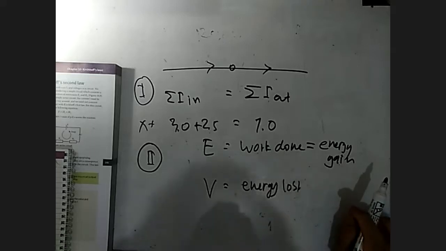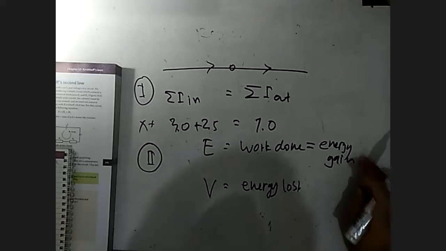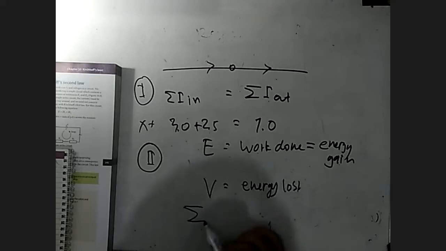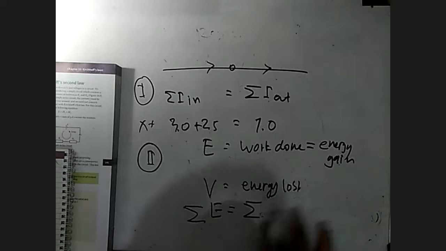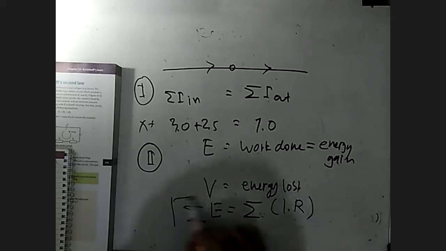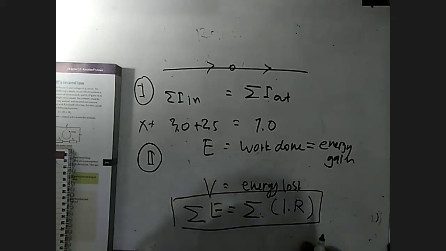Now, because energy must be conserved, energy gain must be the same as the energy loss. Put mathematically, the sum of the electromotive force must be the sum of the potential differences, which is I times R. This is how we have Kirchhoff's second law.